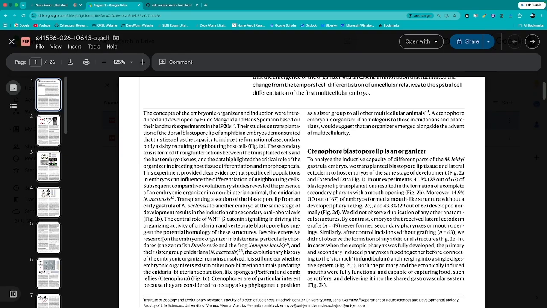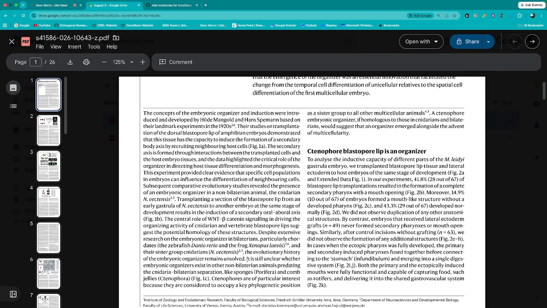Despite extensive research on the embryonic organizer in bilaterians, particularly chordates, and in this case they're talking about the zebrafish and frog Xenopus laevis, which are, of course, well-known experimental model organisms, and then their sister group in the cnidarians, which is N. vectensis, the evolutionary history of the embryonic organizer remains unsolved.